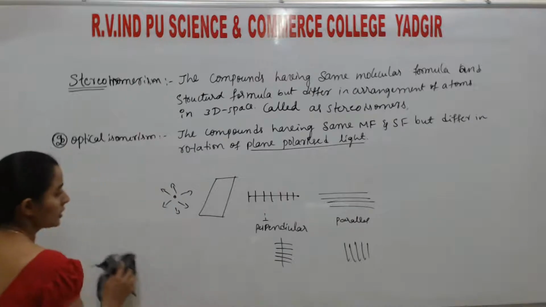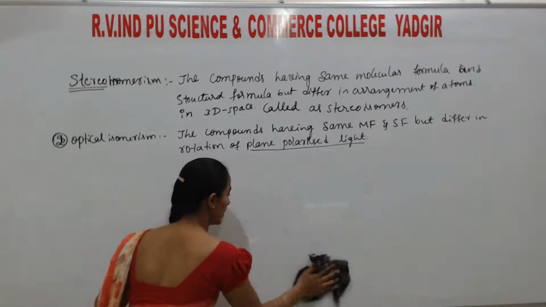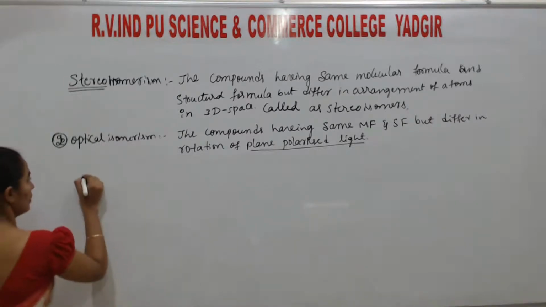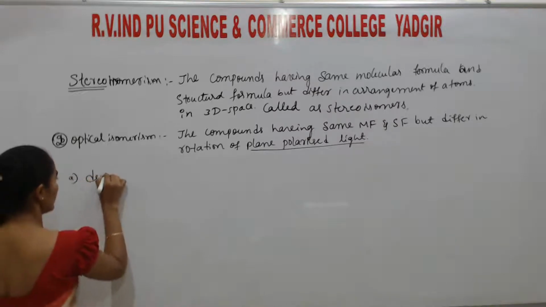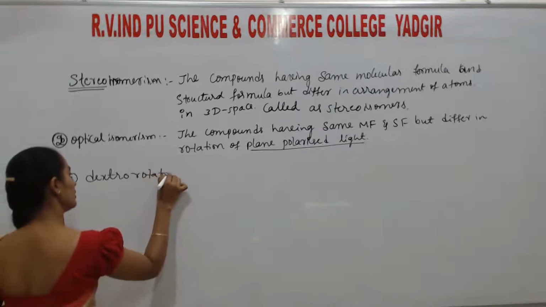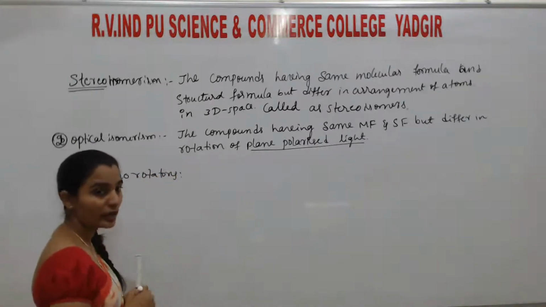Understand? So I just have this and I write the examples here. Another classification, that is dextro rotatory. Okay, dextro, D means right.